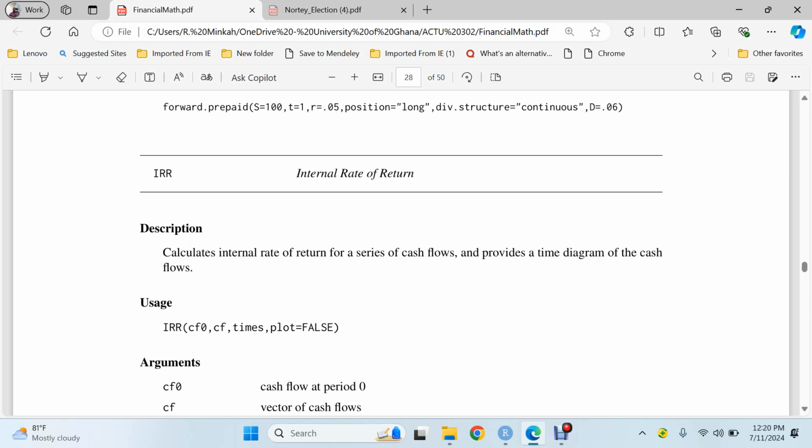But what about the net present value? Yes. What about net present value? Oh, my friends, you've done this in your financial math. Speak up. When we say net present value, what do we mean?